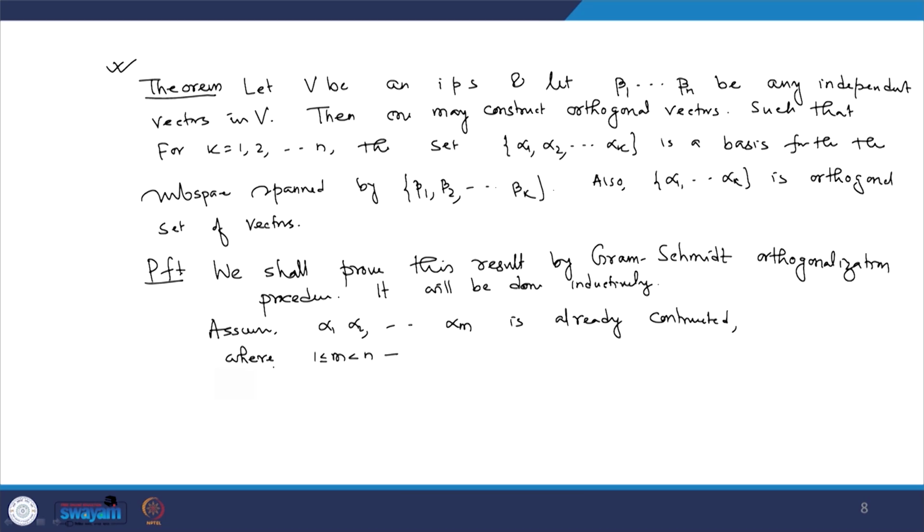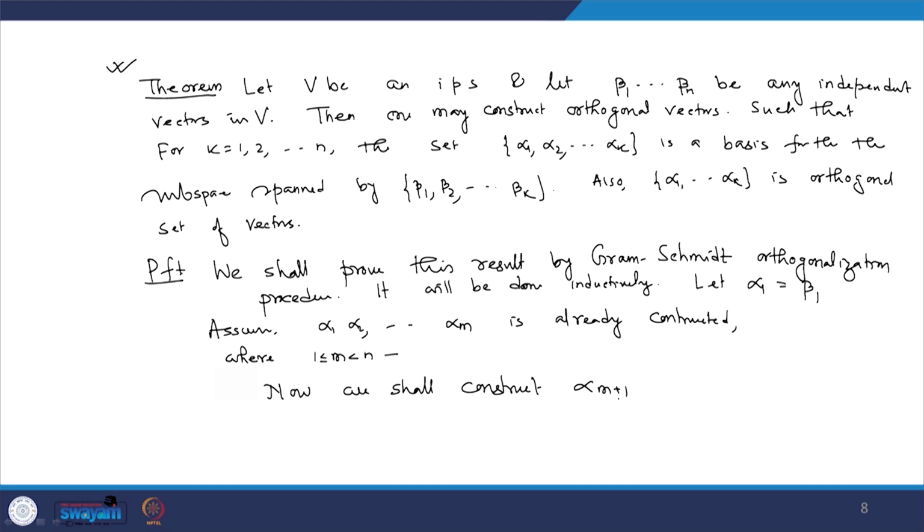Of course, I have taken here alpha 1 equal to beta 1. So, now we shall construct alpha m plus 1. Assume that alpha 1, alpha 2, up to alpha m is already constructed, where m lies between 1 and n, but strictly less than n.